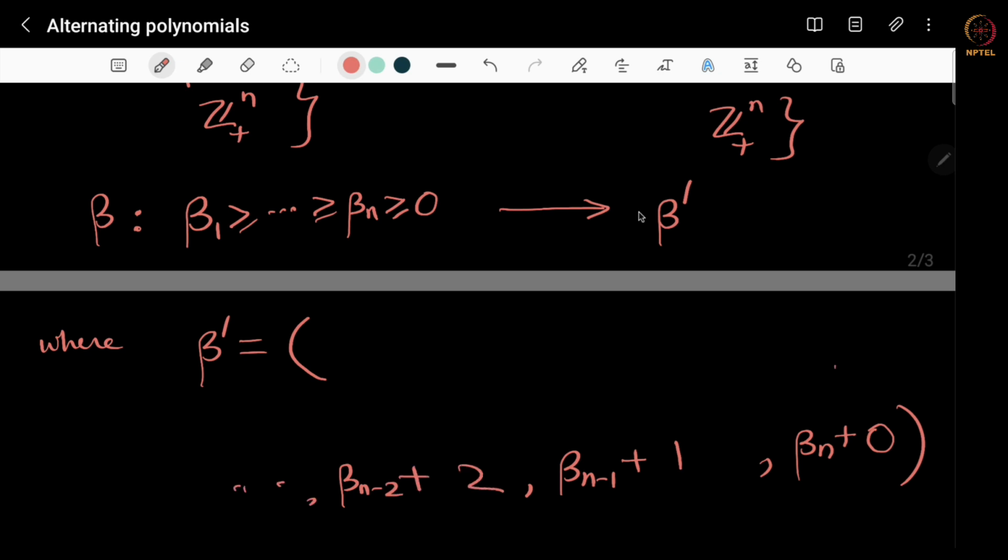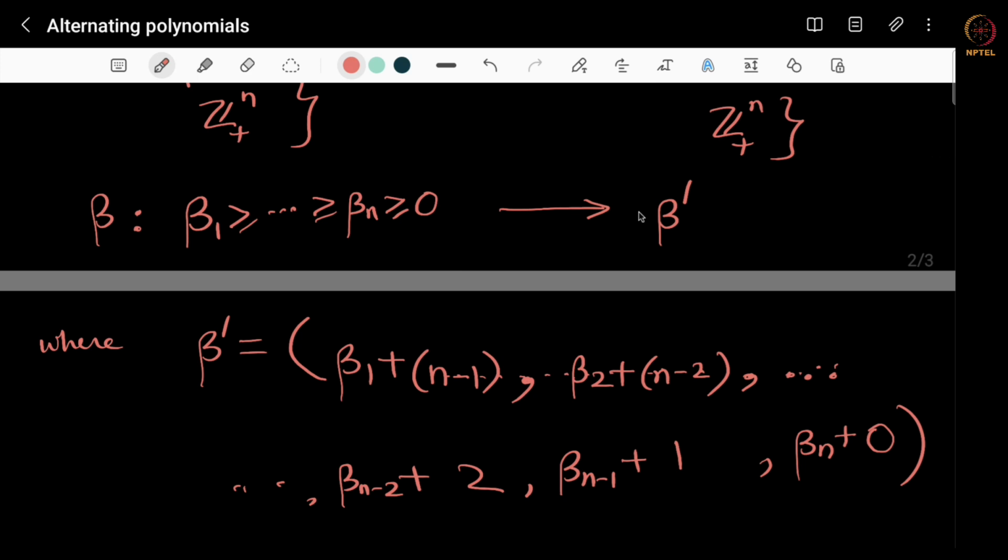I keep going like this till I finally reach beta 1, the very first term, and what I have to add to that turns out to be n minus 1. So here's the prescription: you keep adding larger and larger numbers sequentially, 0, 1, 2, 3 and so on, starting from the smallest.